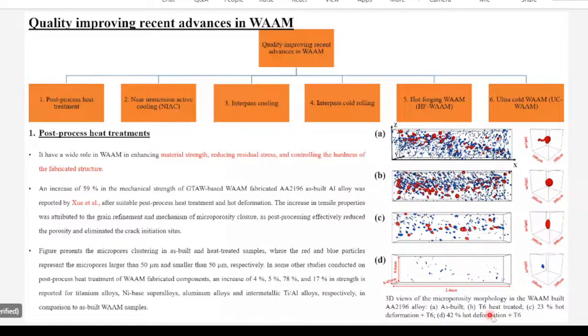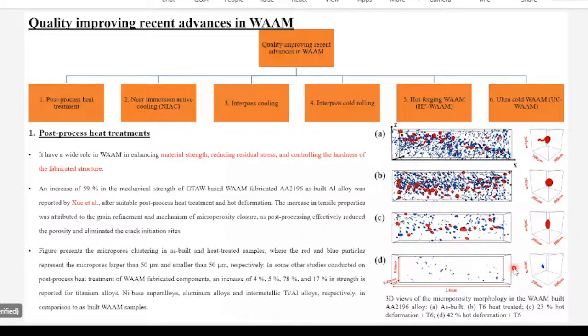We have made a heat treatment here, and compared to A, B has very little porosity; the porosity has been reduced. Then the C condition is 23% hot deformed and T6 condition. The T6 condition continues, and 23% hot deformation has also taken place to remove those porosities. We are seeing that the red portion and blue portion have been reduced. And lastly, the hot deformation has been increased and the porosity level is mitigated, with very little porosity left.